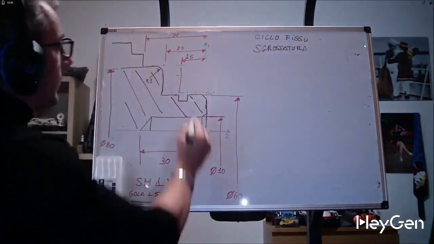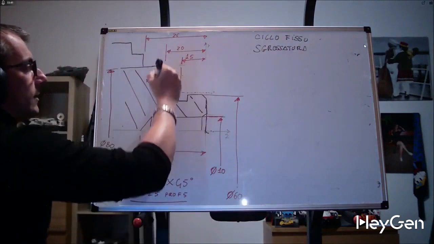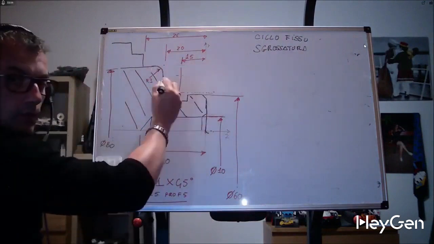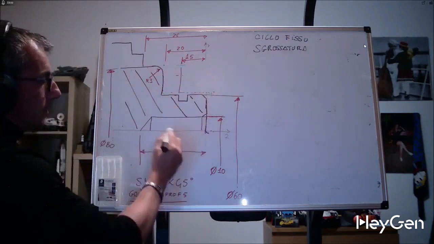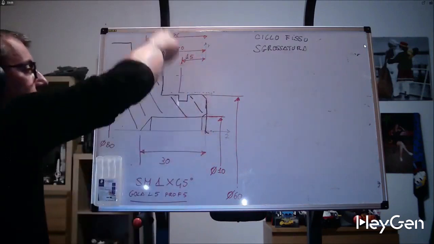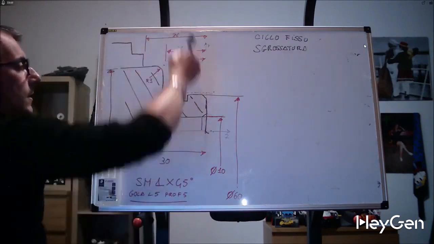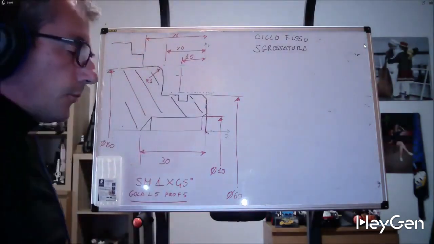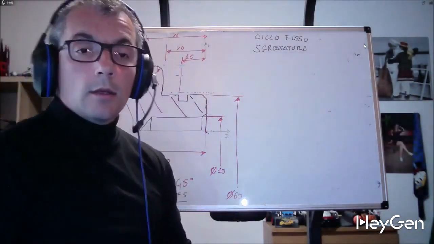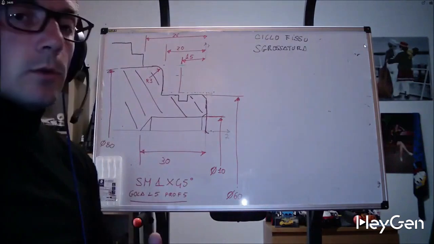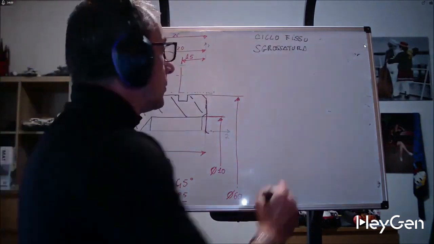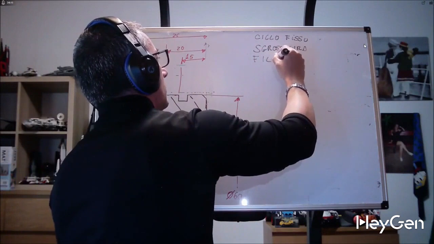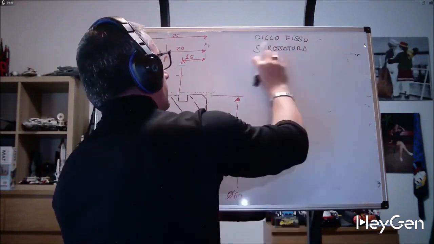So the fixed roughing cycle allows you to determine the dimensions of the blank and rough out all this area, either internal or external, with just 2 lines. The fixed cycle is always a fixed roughing cycle. Some details change, for example, the G that distinguishes it.